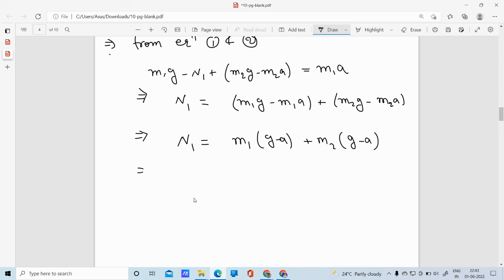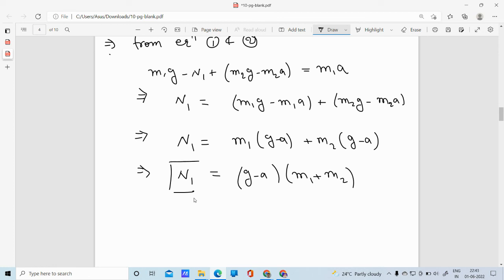Clear up to here? N1 is the normal reaction between the surface and the block M1. So this is equivalent to (g minus a) multiplied with (M1 plus M2).